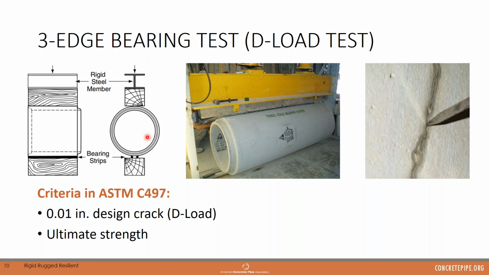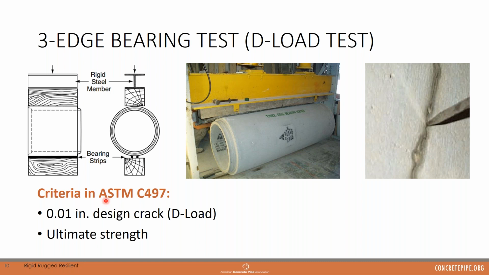You can see that it's only making 3 points of contact with the pipe. So this is an extremely severe loading condition. You would never see this in the field. And again, it's this 0.01 inch design crack that we use as our criteria. But the thing to keep in mind is a 0.01 inch crack is just arbitrary.